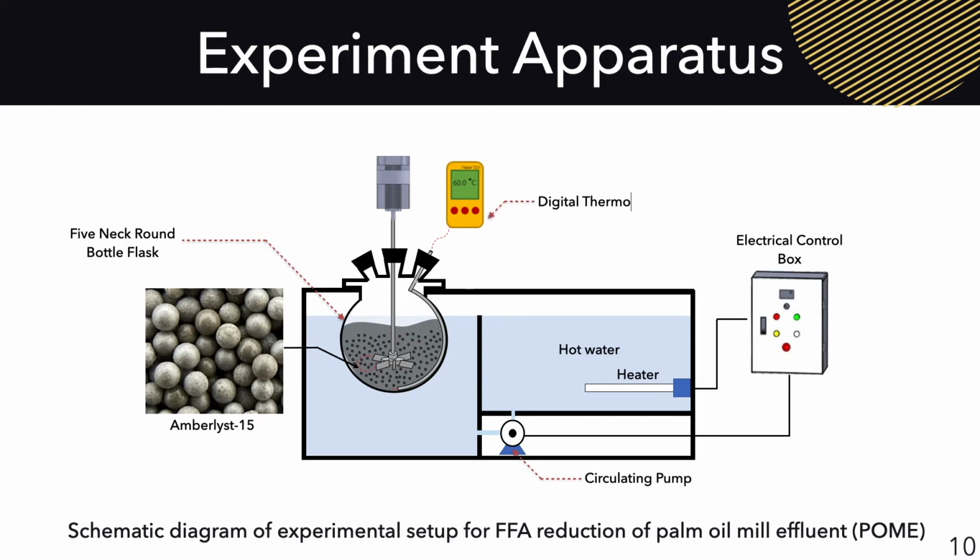To mix the reactants, a 6-blade turbine was employed, operated by a motor at a stir speed of 300 rounds per minute.